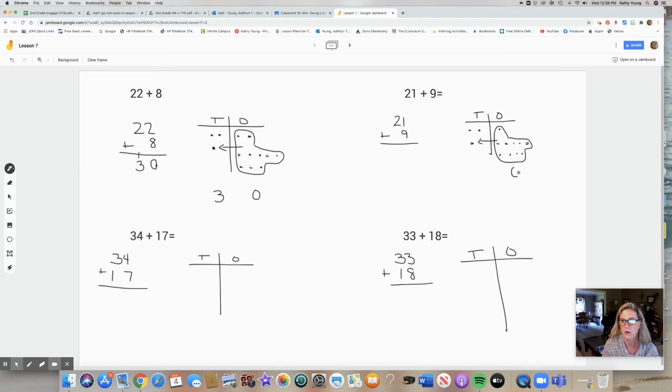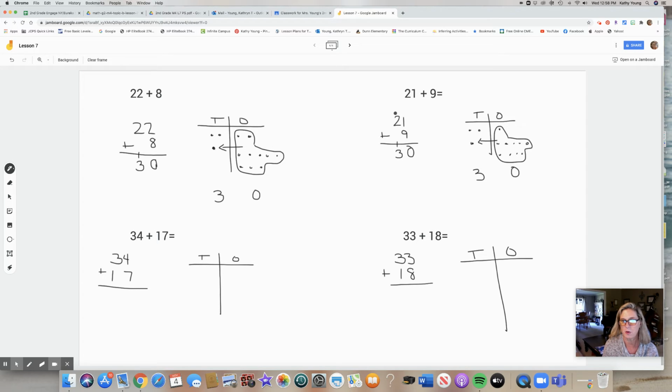So I have 0 1s left in the 1's place, and I have 3 10s now. So I'm over here, 1 plus 9 is 10. So I've got to write 10. And 2 10s plus 1 10 is 3 10s.